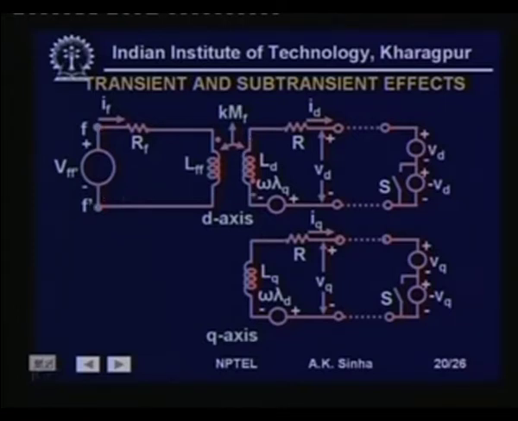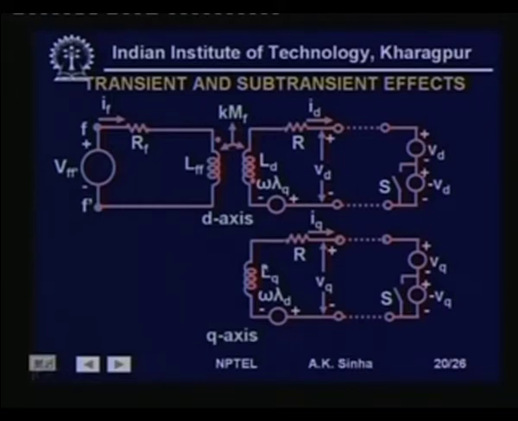We have a direct axis winding which has inductance Ld and a resistance R, and the current Id flows in this because there is a speed voltage omega lambda q, with a negative sign and positive sign as shown here. With this Id flowing when a load is connected to this winding, we get a voltage Vd as shown here.